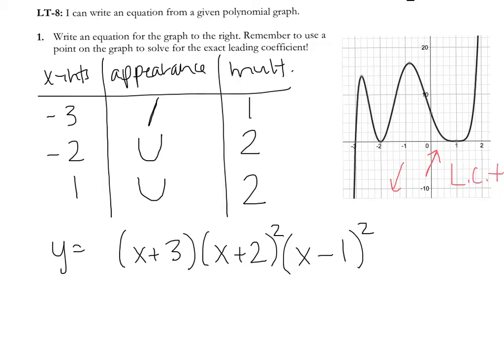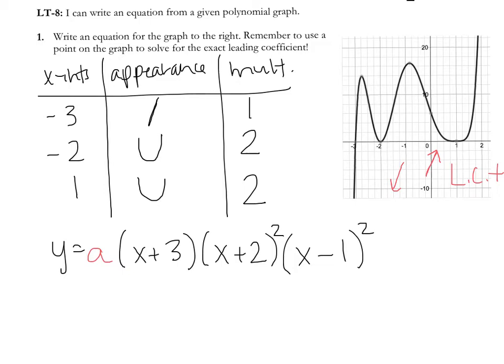So we know that our leading coefficient is some positive number, but we don't know exactly what it is yet. Our strategy in class was to put a leading coefficient in front of our equation, and use another point on the graph to solve for that leading coefficient.